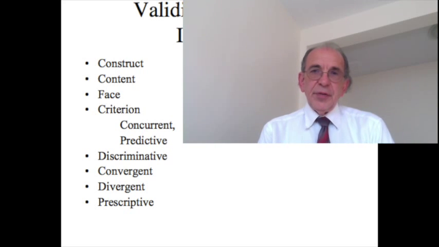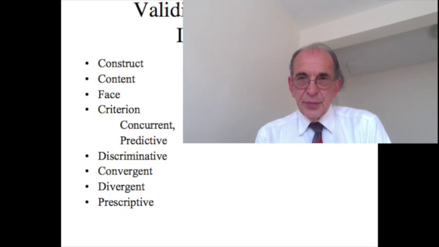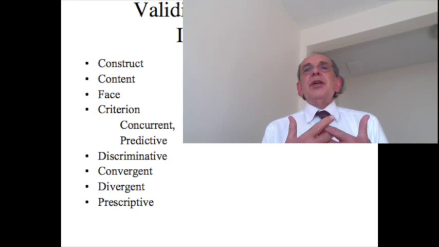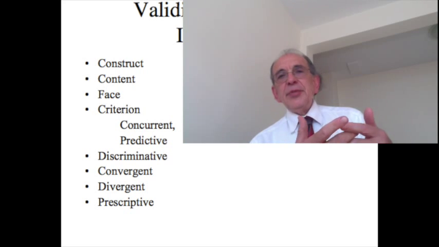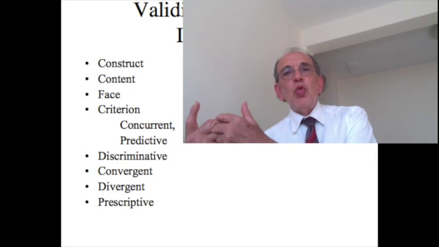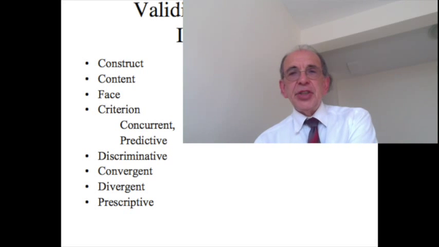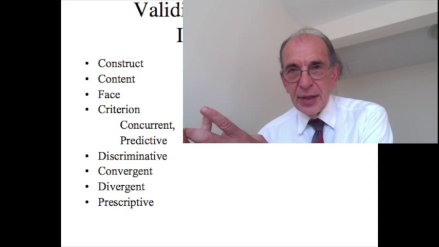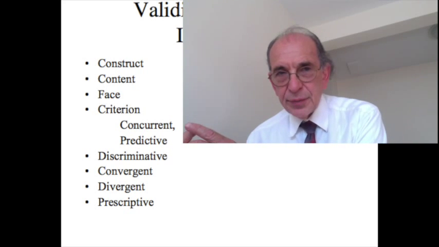Concurrent criterion referenced validity involves comparing the results on one assessment that claims to be evaluating a particular construct with an already established other assessment instrument that is viewed as validly assessing the same construct.